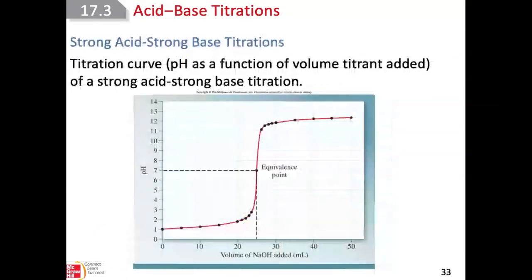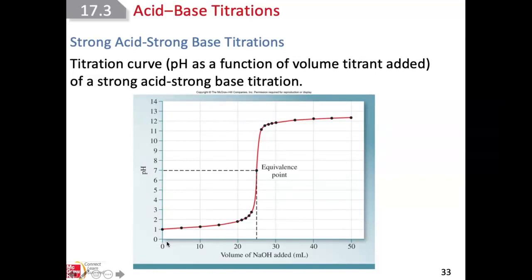So if I have a strong acid and strong base, the titration curve will look like this. Let's analyze this graph. On the x-axis, we will put the volume of the strong base, NaOH, added in milliliters. On the y-axis, we will put the pH.